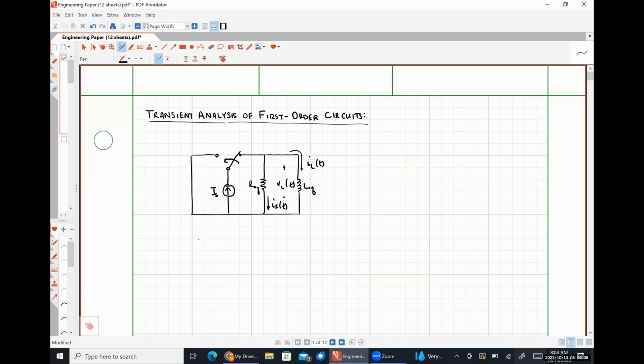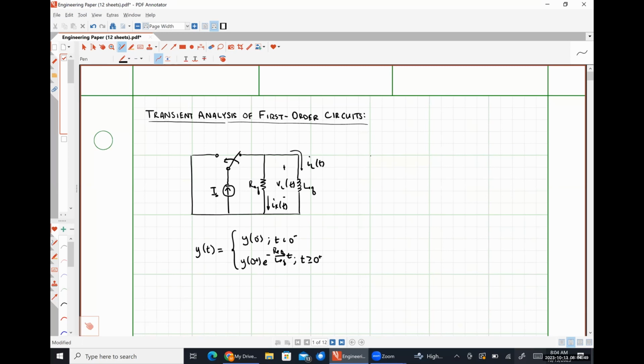And we found that in general, Y of t, where this variable Y is taking the place of literally any current or voltage in the system, would wind up being of the form Y at 0 minus for t less than 0 minus, and Y at 0 plus e to the negative REQ over LEQ times time for t greater than or equal to 0 plus. That was the first thing that we did.